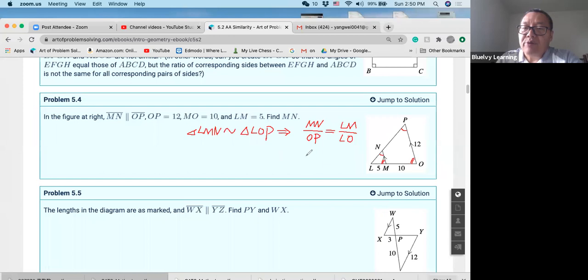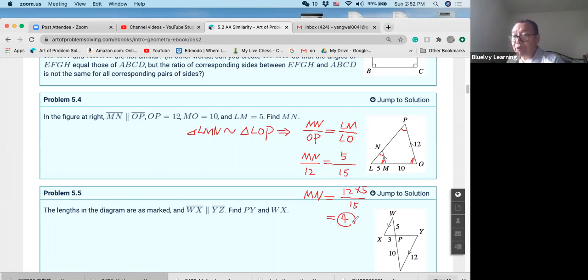Now let's plug in the numbers. MN, OP is 12, LM is 5, LO equals LM plus MO, that's 15. Then you can solve MN equals 12 times 5, then divide by 15. So this one gives you 4. Okay, Sophie also got it correct. Very good.